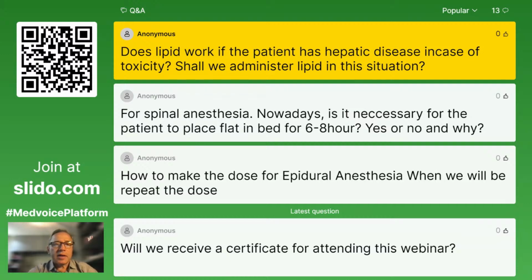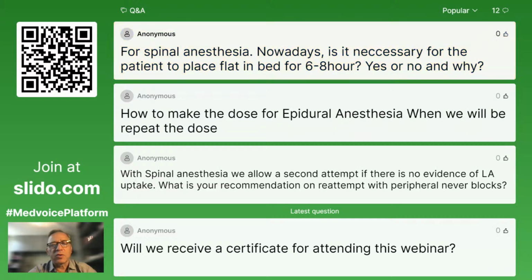Okay, the next question is, for spinal anesthesia, is it necessary for the patient to lie flat in the bed for 6 to 8 hours afterwards? Yes or no, and why? No, it's not necessary.